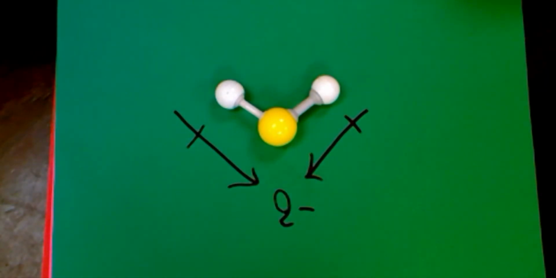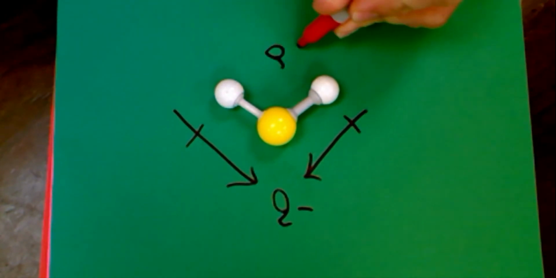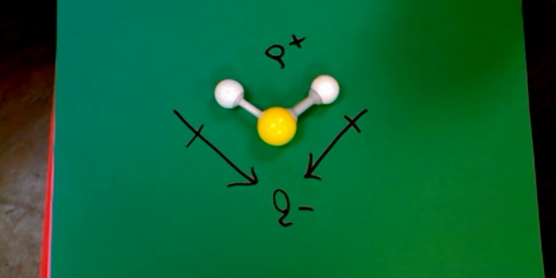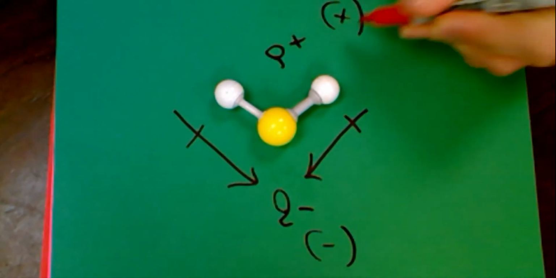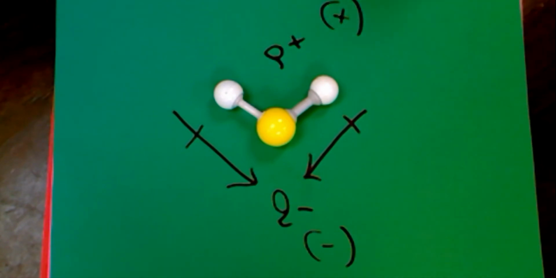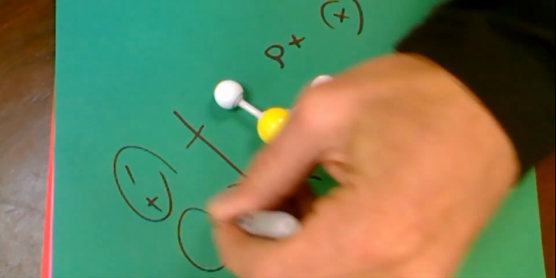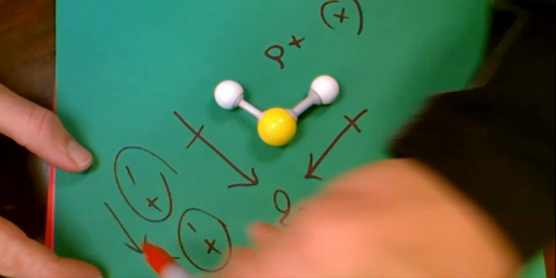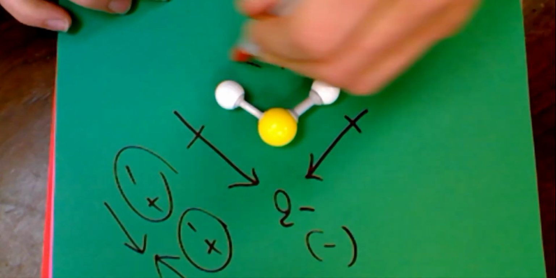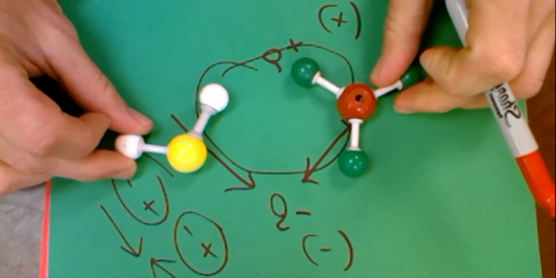That's upside down. That's okay. And over here, we have a partial positive. They're not the same as actual negative and positive charges, but it's like a weaker version. But still, when you have opposite charges, they attract. So you have these polar molecules, there's going to be this attractive force that wants to pull them together. It's not nearly as strong as the bonds, but it's still going to be a force that pulls separate molecules together.